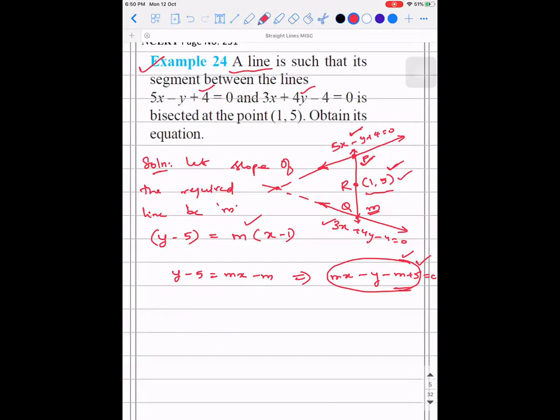No, sir, I made a mistake. When you add both, 5 plus m plus 9 minus m is equal to 0, right? Into x. So x is equal to m minus 9 by 5 plus m. So take this and substitute it in 5x minus y plus 4 is equal to 0.